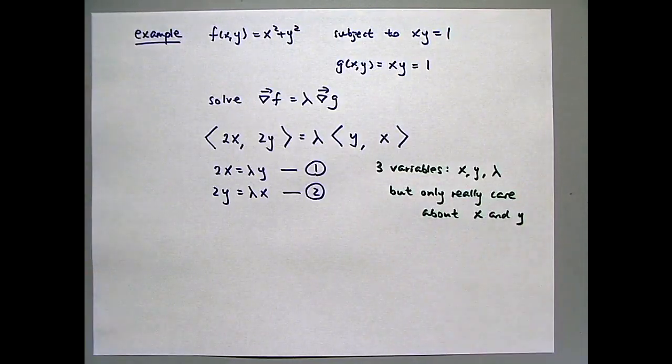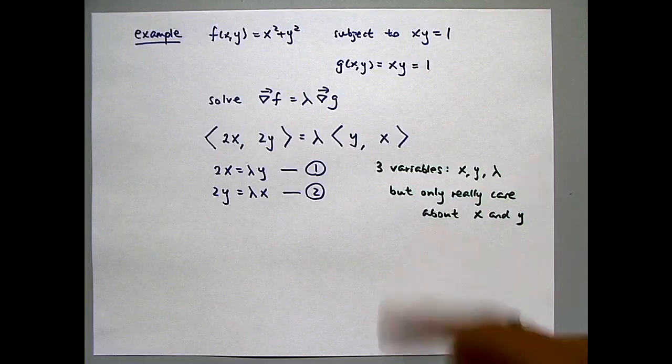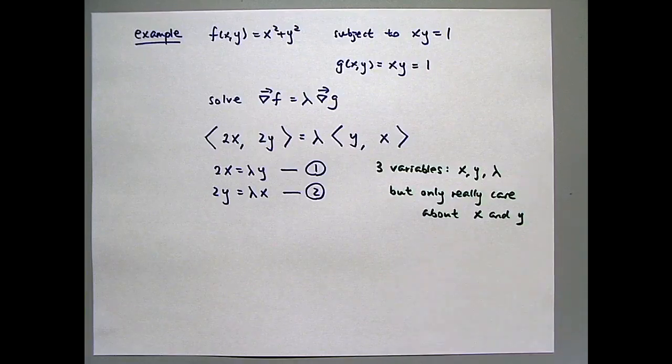Lambda is kind of like a helper variable here. We don't care what it is. As long as it is something that helps us solve the problem, we don't care what it is. We really want to know what x and y are. So we introduce one more variable, but that's a variable we can kind of throw away. It's just there to help the problem moving along.